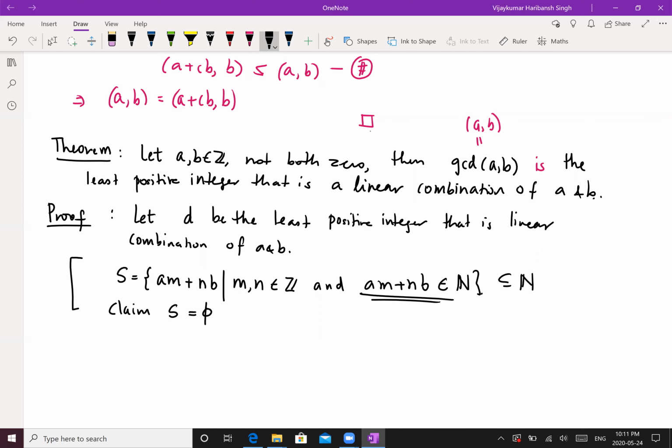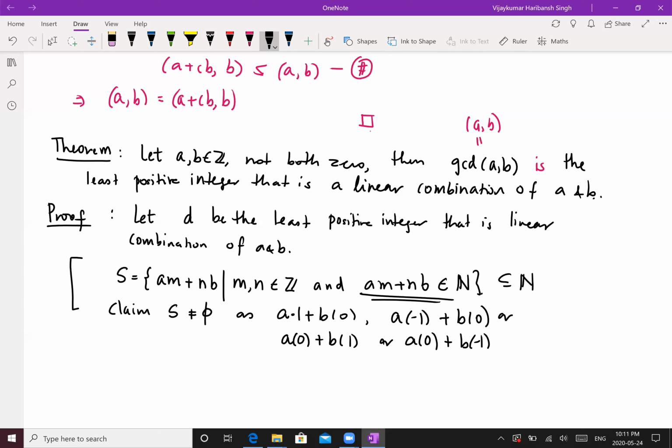S is non-empty, as either a·1 plus b·0, or a·(-1) plus b·0, or a·0 plus b·1, or a·0 plus b·(-1), either of these guys belong to S. Now note that the reason for writing it like this is that not both are 0.